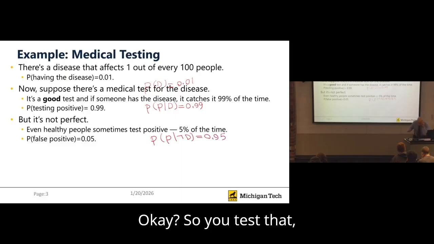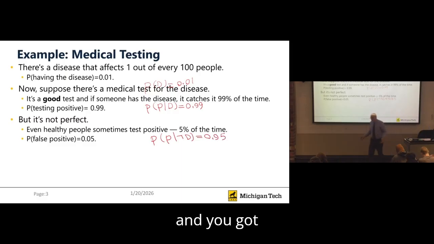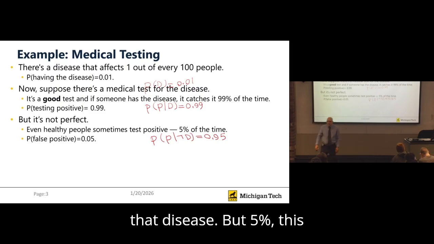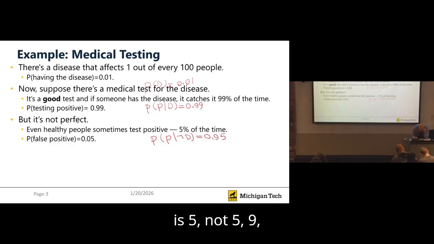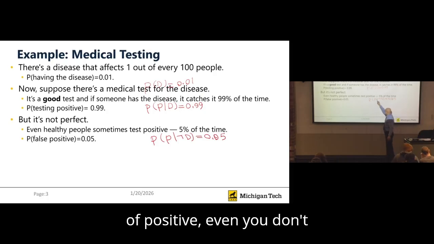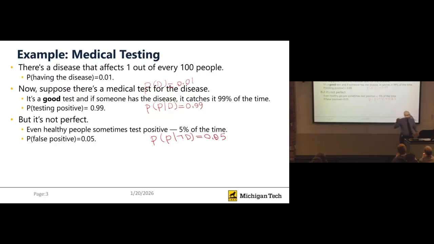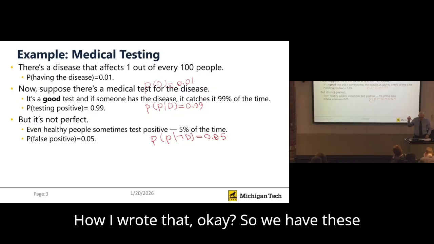So you test, and you got positive. It means you might have that disease. But 5%, this is 5, okay, 5%. So the probability of positive, even if you don't have disease, not D. So we have these two.